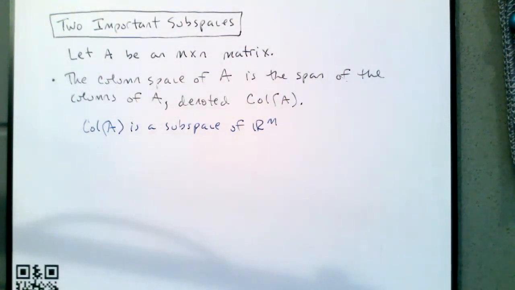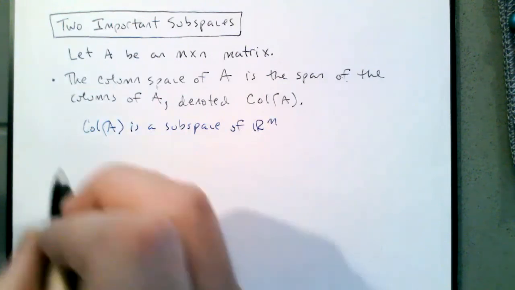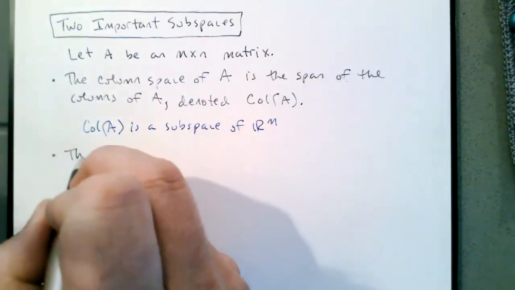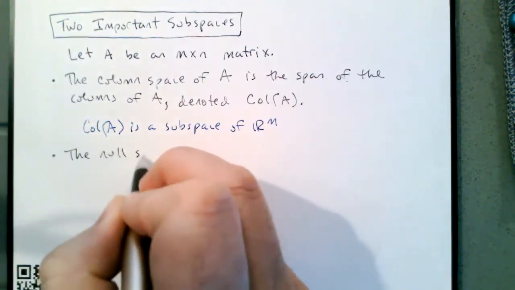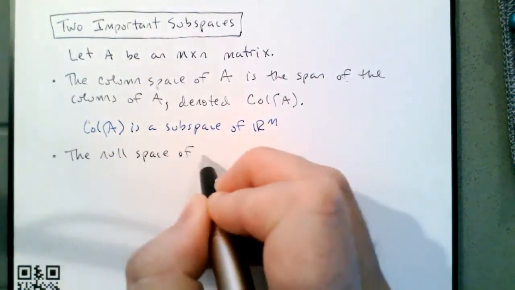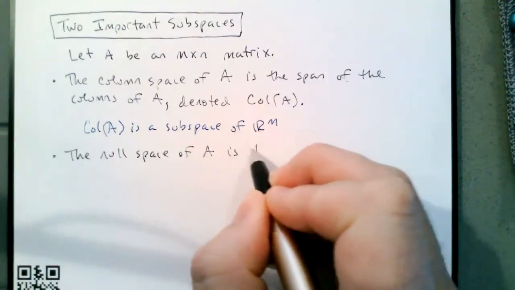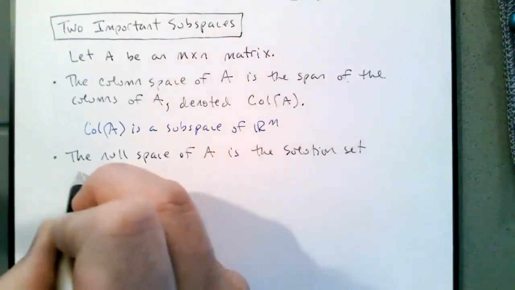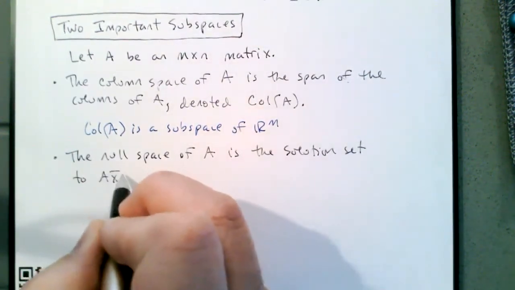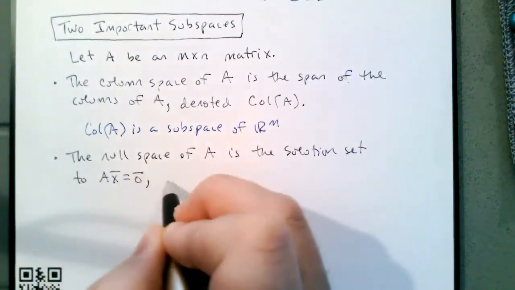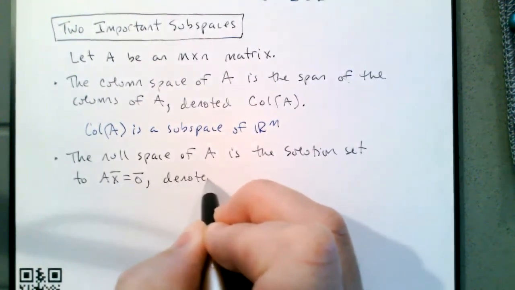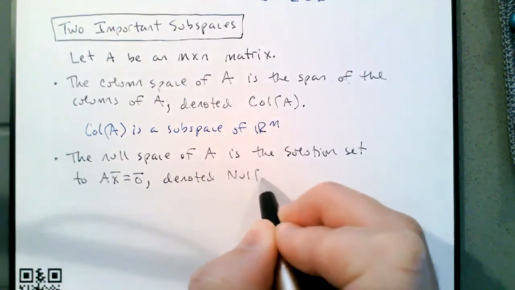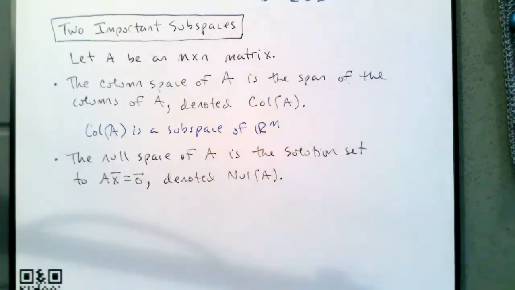A also gives us another important subspace. The null space of A is the solution set to AX equals 0, denoted null A. The null space of A is a solution set to AX equals 0.